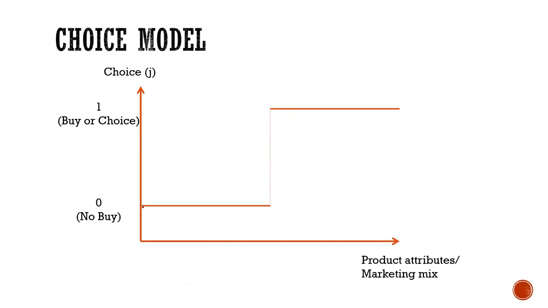When the consumer does not buy a product, you can see that the choice is 0, and it remains at 0 irrespective of the magnitude or the type of attributes in that particular alternative. If it is not chosen, it just remains constant at 0. But if an alternative is chosen, then we take into account the attributes present in that product.